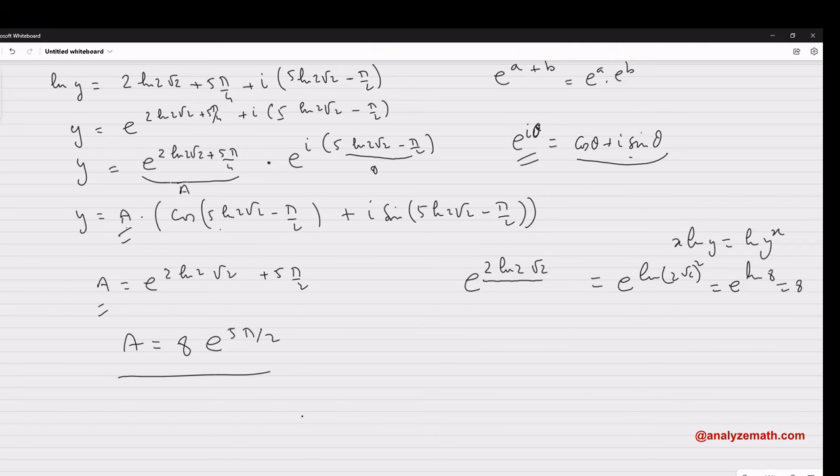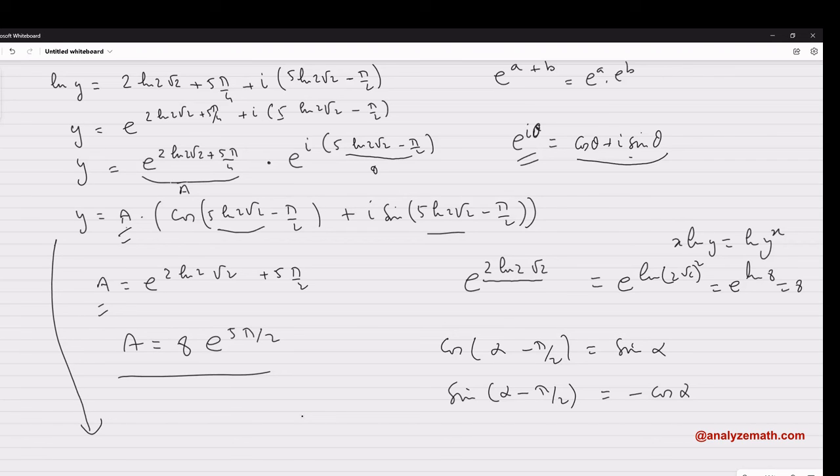Now let's go here. This is cosine of something minus pi over 2. So cosine of alpha minus pi over 2 is equal to sine alpha. And here, sine of alpha minus pi over 2 gives you minus cosine alpha. Now let's go and apply all these simplifications here.